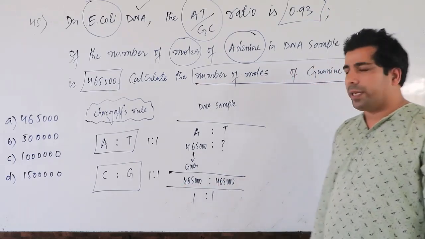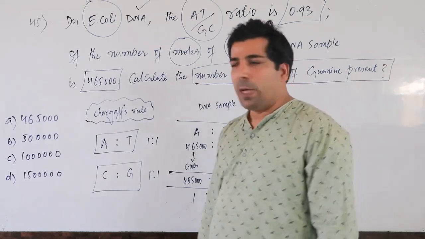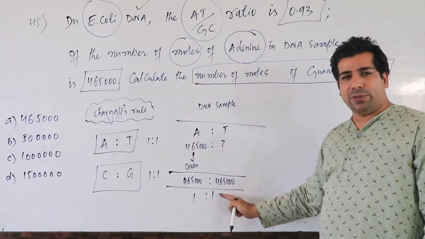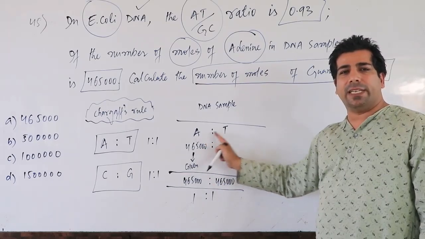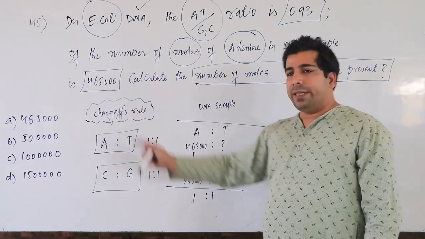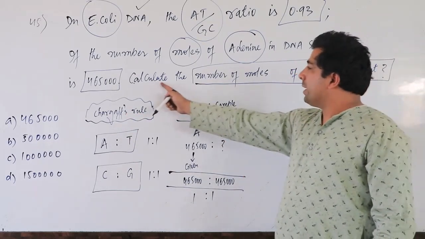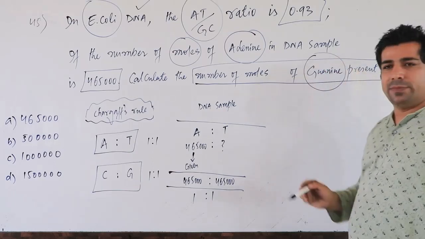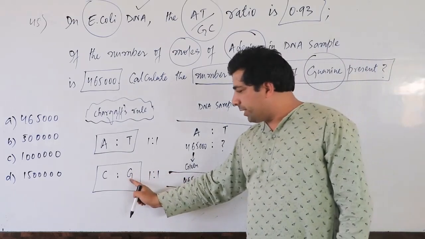Which rule? Chargaff's rule. Very easy. So adenine was given to me and I found thymine also. How? Because I know that the adenine and thymine ratio should be 1:1 according to Chargaff's rule. Now, if you look at the question, calculate the number of moles of guanine. I need to find out guanine now. So that means I have to find out this thing now.